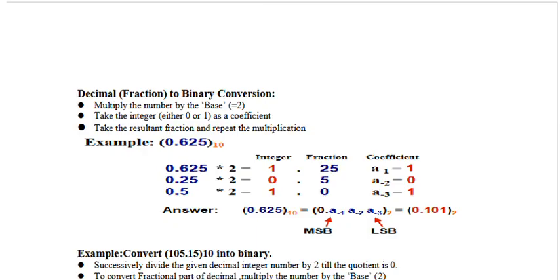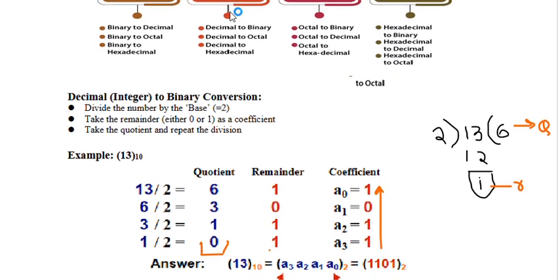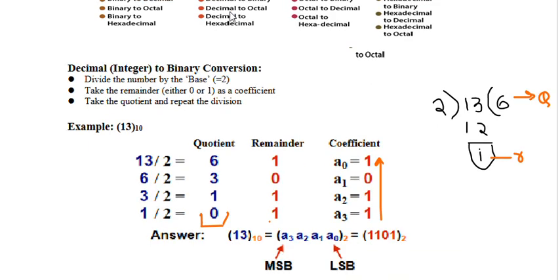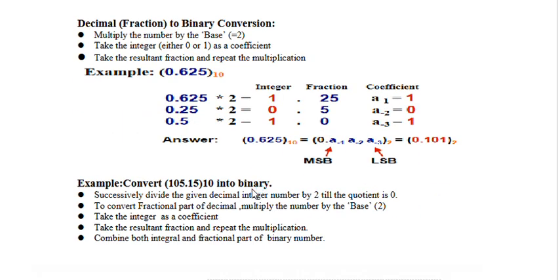So when the number is an integer, we divide by 2. When the number is a fraction, we have to multiply with 2. Okay, that is the difference. Every remaining procedure is similar.